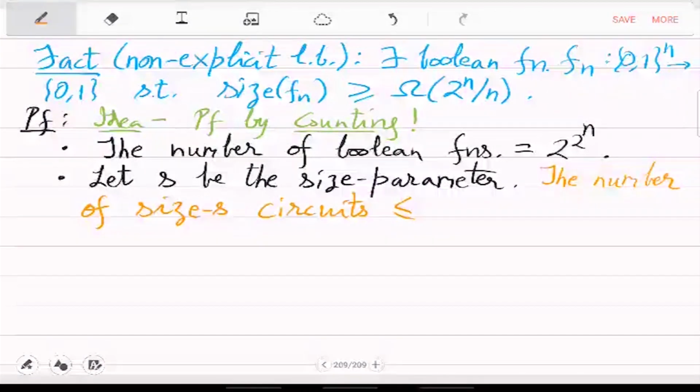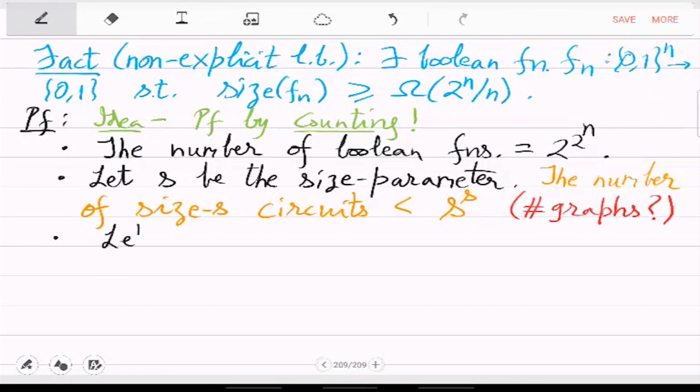So, you can show that it is at most S to the S. Okay, so work this out as an exercise: by looking at the graph and counting these graphs, you will get a number smaller than S to the S. So, which means that let us fix this S to the S, the number of circuits, to be less than the number of Boolean functions, which is 2 raised to 2 raised to n.